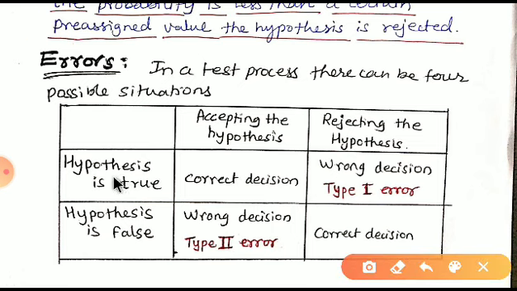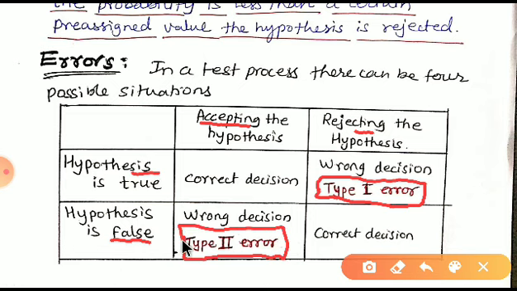If the hypothesis is true and we reject the hypothesis, then this is a wrong decision, called a type 1 error. And if the hypothesis is false and we accept the hypothesis, then this is a wrong decision, called a type 2 error.